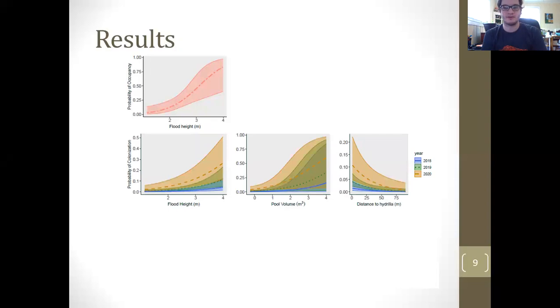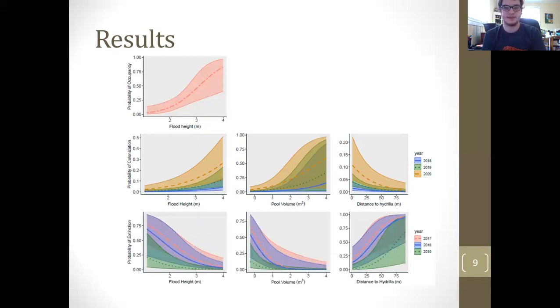The probability of colonization was greater in pools with bigger volumes, higher flood heights, and that were closer to other hydrilla occupied pools. The probability of extinction was greater in pools with smaller volumes, lower flood heights, and that were further away from other hydrilla pools.